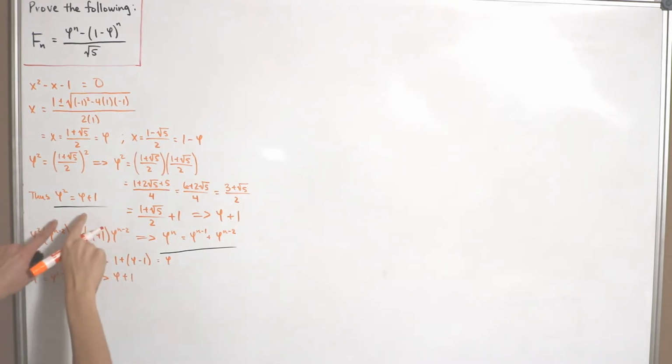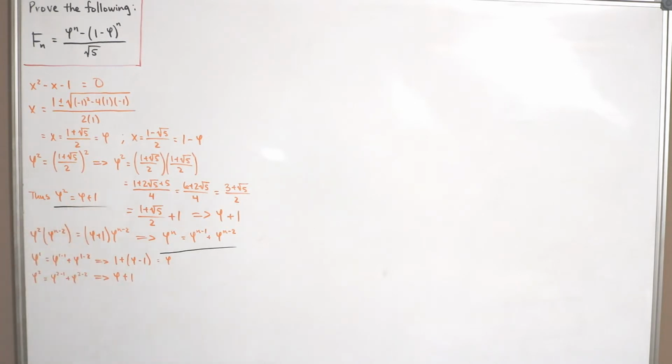That makes sense because we actually just showed that from over here. So let's go to 3. This is phi to the 3 minus 1 plus phi to the 3 minus 2. We said that phi squared is phi plus 1, and then plus phi, which is just equal to 2 phi plus 1.